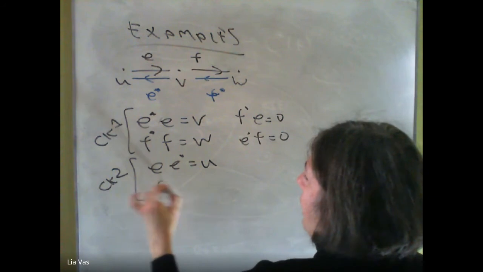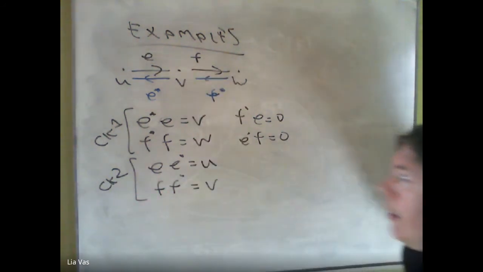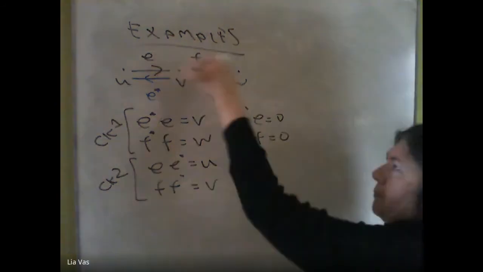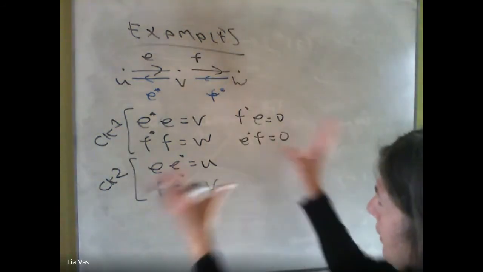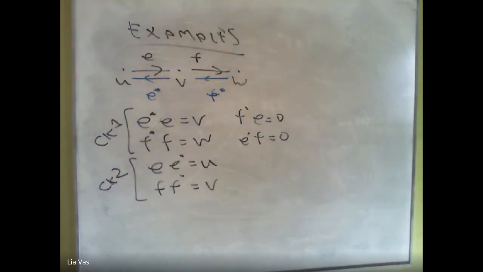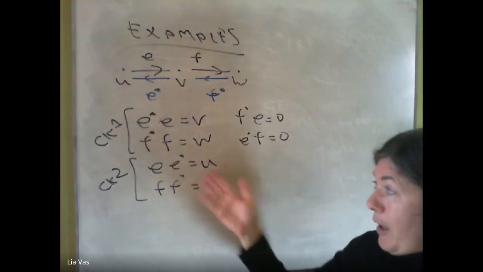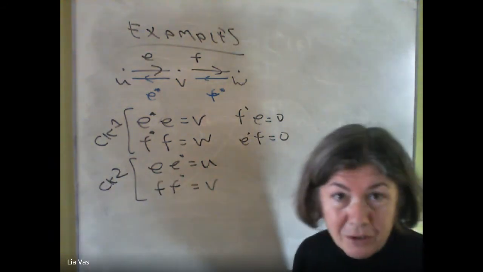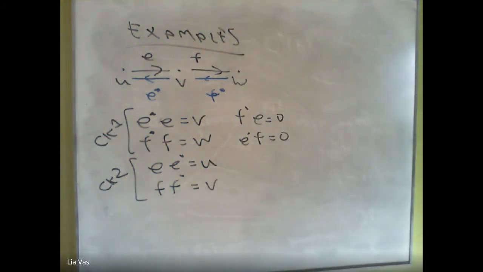And F star is V for the same reason, because V emits only F. So you see, for this nice graph, everything is kind of nice because E star ends up being actually a vertex, and so does F star. And this is pretty much your algebra.